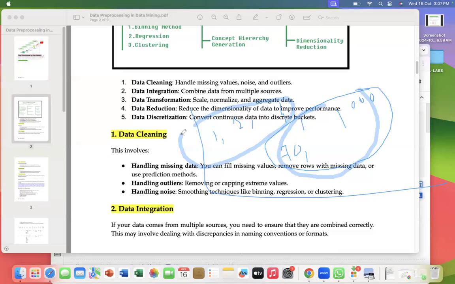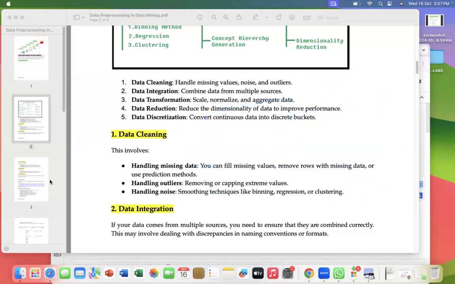So these are known as outliers. Is it clear? Yes, yes. Okay, very good.